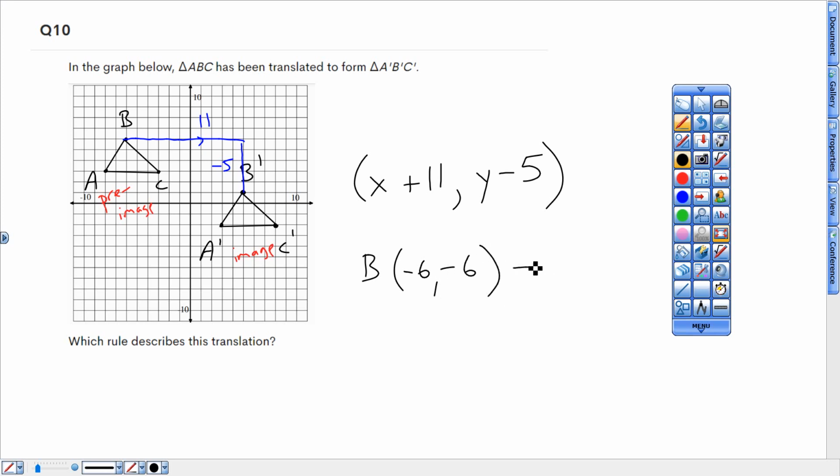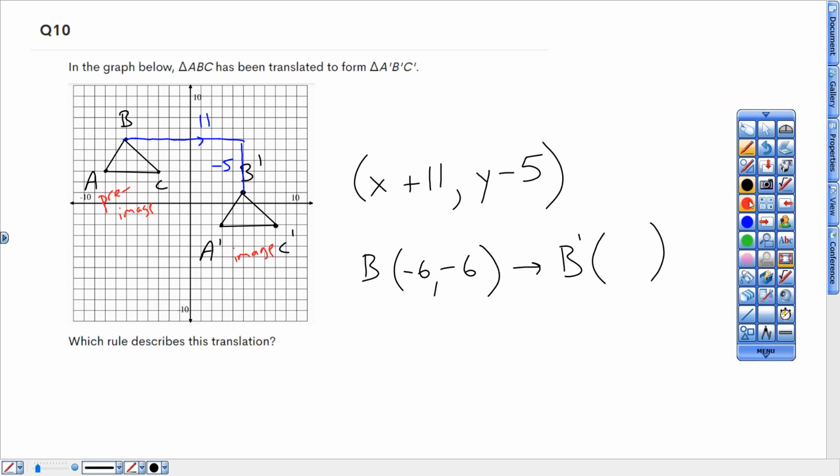To get the new image B, it should match my rule. I should be adding 11 to this 6 number. I should be taking away 5 from this Y number. If I do that right, 11 minus 6, this new one should be 5, because 11 minus 6 is 5.